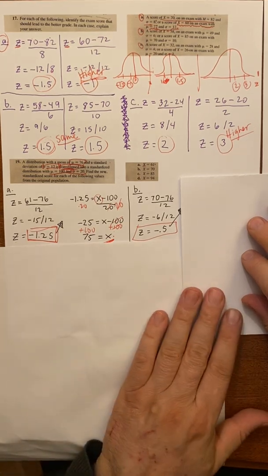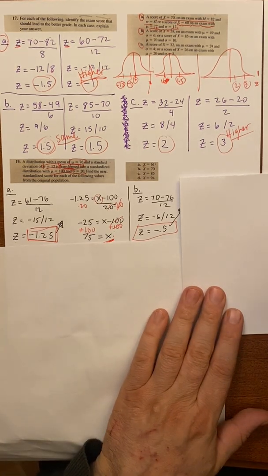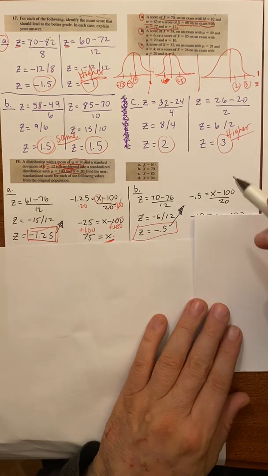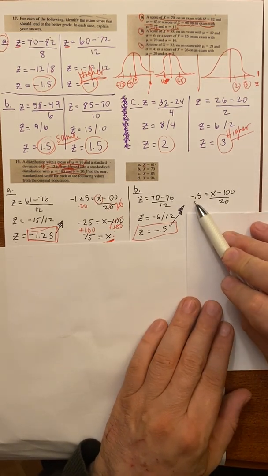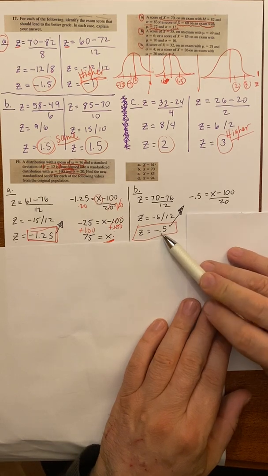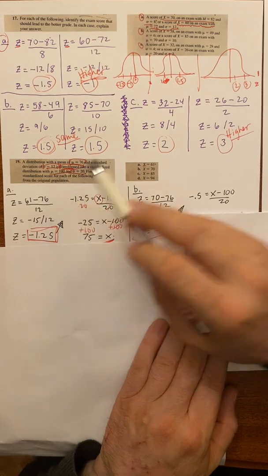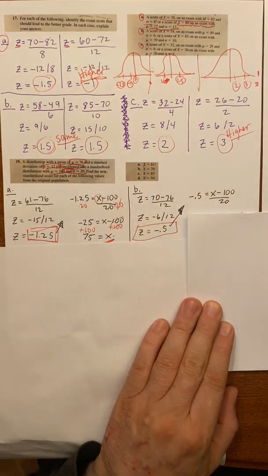Now I'm going to take that z and transform it into a standardized x. The way I'm going to do it is I'm going to pop it into this new equation, where now it's that z value that I just figured out, that -0.5, equals x minus this 100 over this 20.